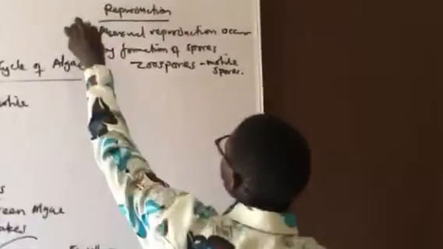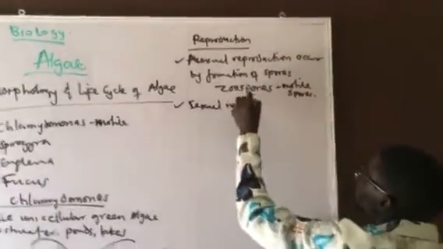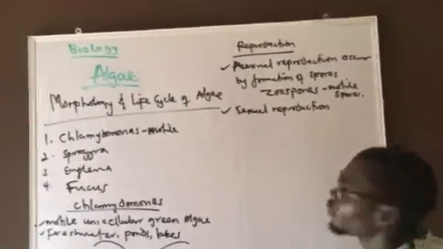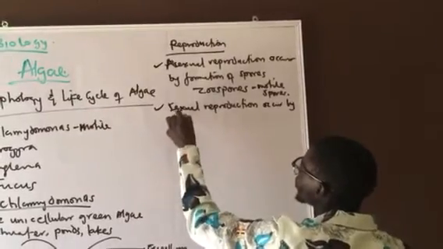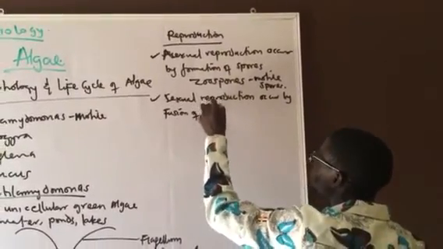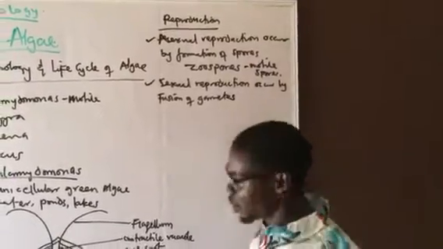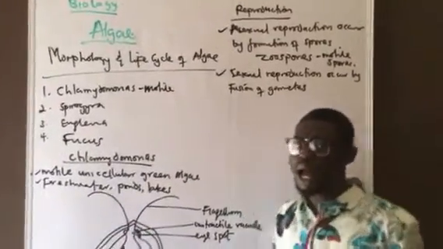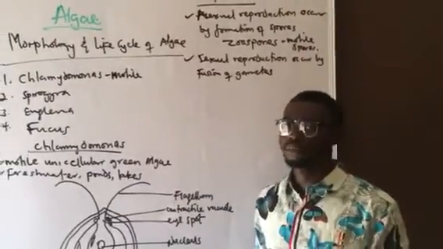Then the other group is sexual reproduction now. Sexual reproduction in Chlamydomonas occurs by fusion of gametes. For sexual reproduction to occur, there must be two Chlamydomonas, and they will produce the male and the female gamete.